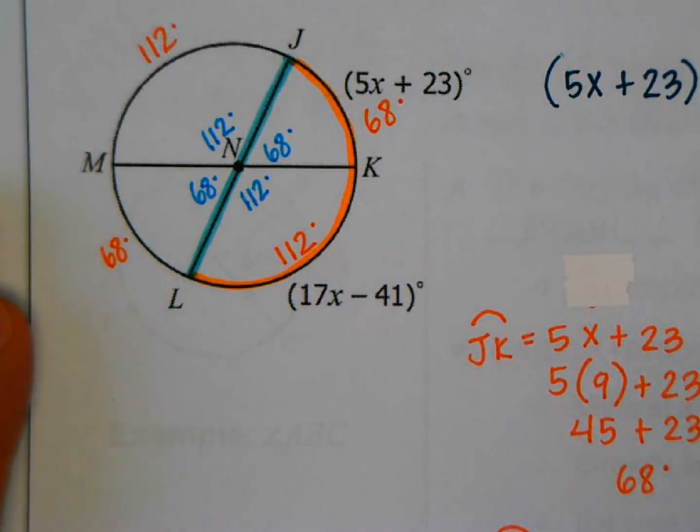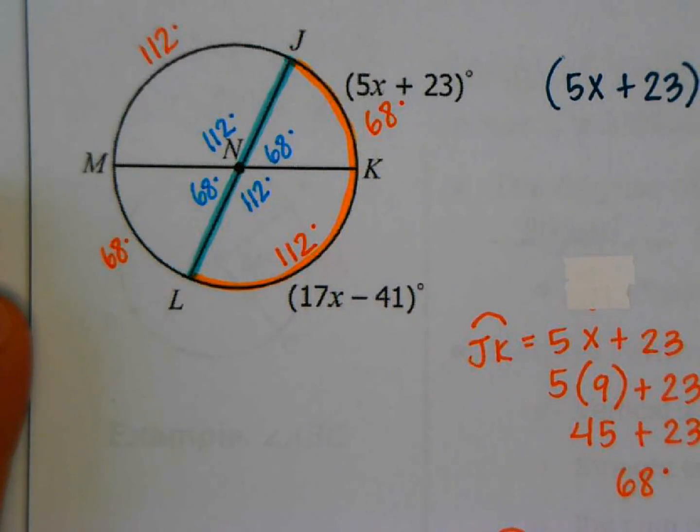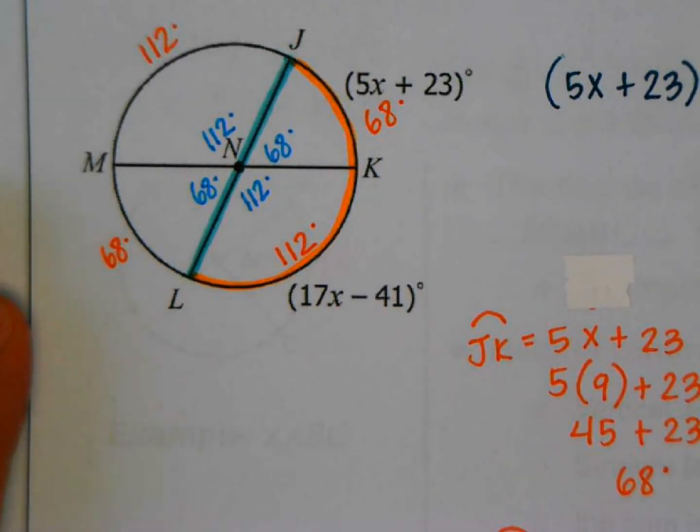So try it, and then check your work. So arc JK, arc MJ, arc LMK.